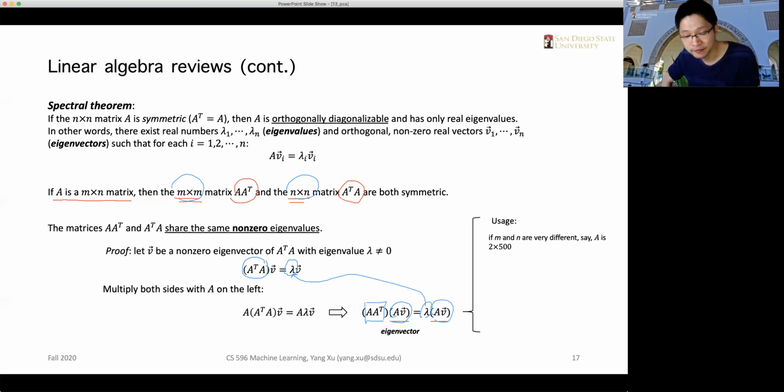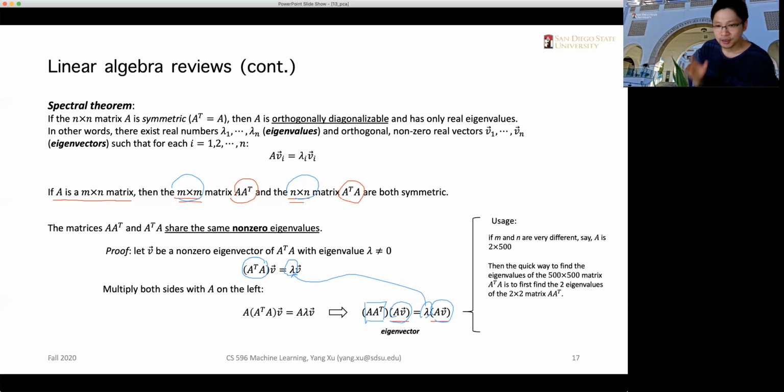So in this very extreme example that I'm showing here, say your A is a 2 by 500 matrix. So it recalls our example, right? Our data set has only 2 features, but we have 500 examples.